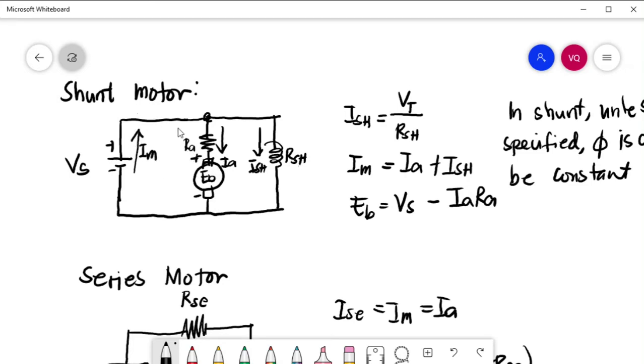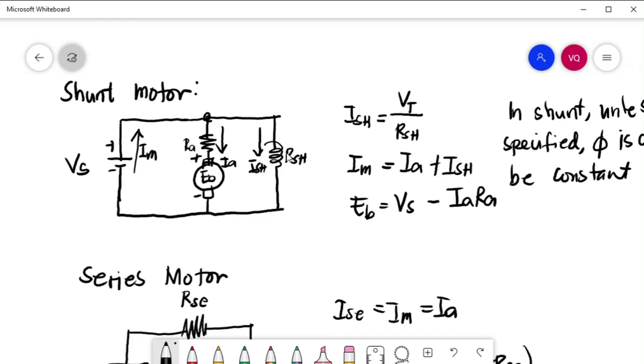It is towards the node. And then your Ia is downward. We have here your Ra. Sometimes it is drawn inside this motor. Also, the direction of Rsh is the same as in generator, downward.